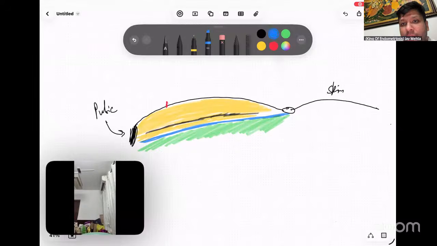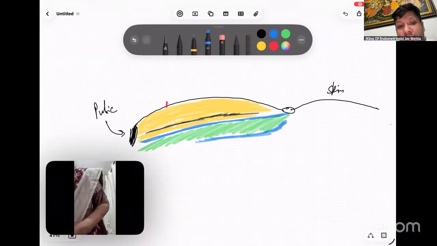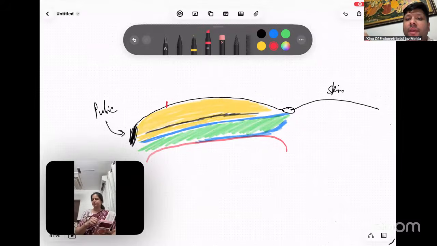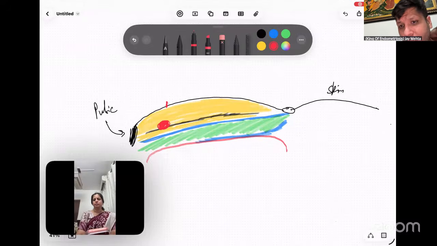Underneath the rectus abdominis muscle, till this region, you have the posterior rectus sheath. Okay, this is of course then going to merge with the fascia. And underneath the posterior sheath, you have the layer of the peritoneum. So whenever we are trying to talk of scar endometriosis, friends, usually what we see is the scar endometriosis is present somewhere here. Okay. Now, on ultrasound, we are trying to determine the depth of invasion.